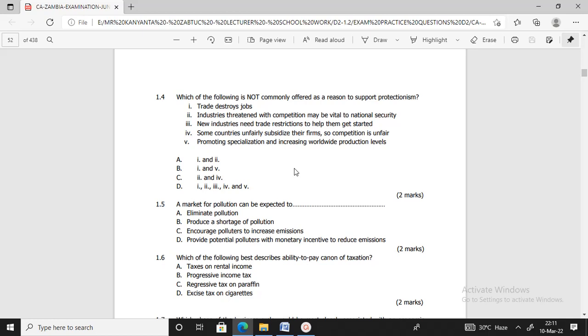You can't encourage polluters to increase emission. Provide potential polluters with monetary incentive to reduce emission. That's correct. Option D is correct. This is the reason why governments sometimes give polluters pollution permits.